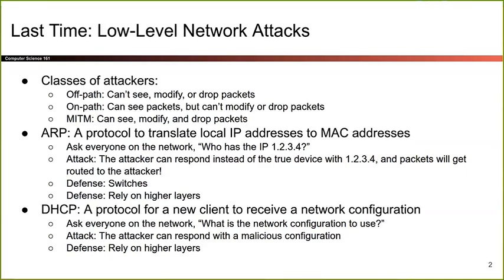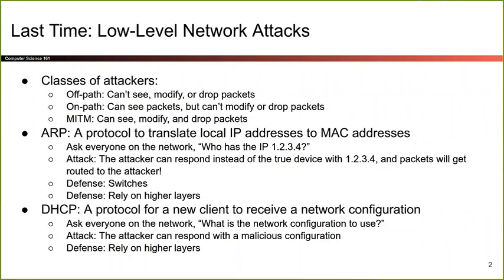So if you think about it, the victim is only expecting one person to answer this question, right? If you ask who has this IP address, you're expecting one person to answer. But if multiple people answer, you will accept the first answer because you're not expecting a second answer. So if the attacker's response gets there before the legitimate response, the victim will have to accept the attacker's response because they aren't expecting a second response.